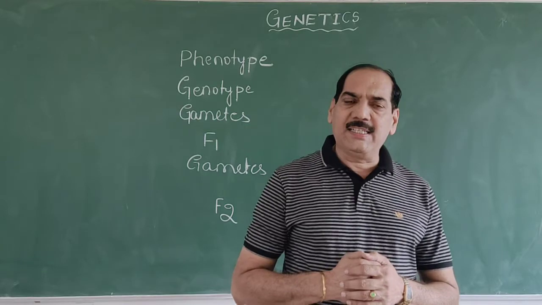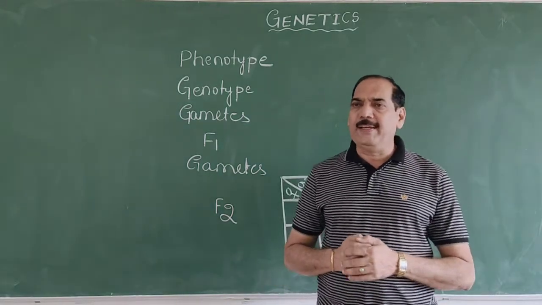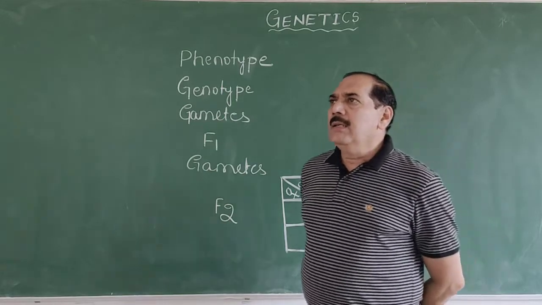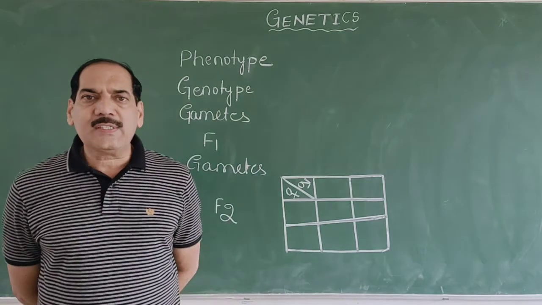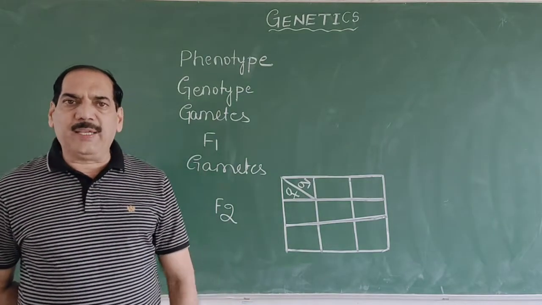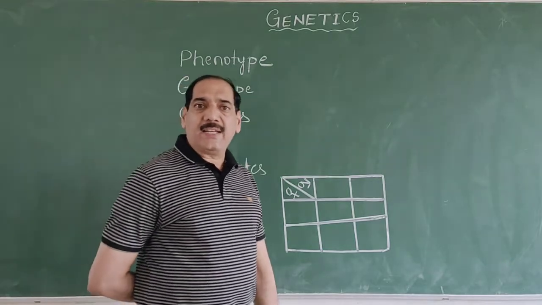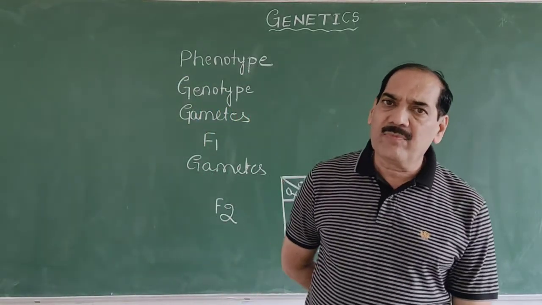For these reasons, Mendel selected pea plant for his experiment. First 2 years he spent selecting the different varieties of the pea plant. Totally he collected 32 different varieties of pea plant.